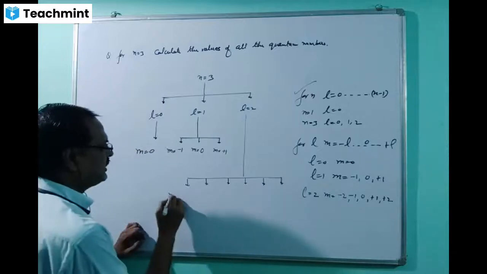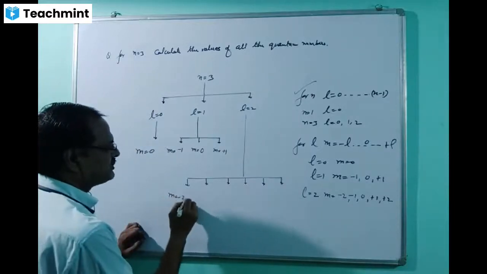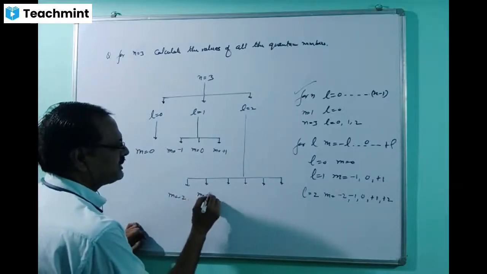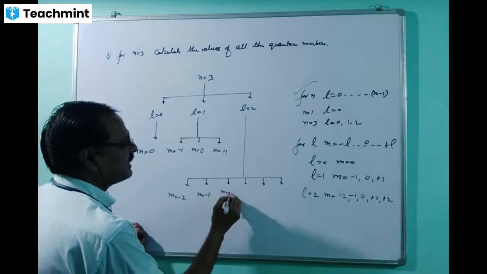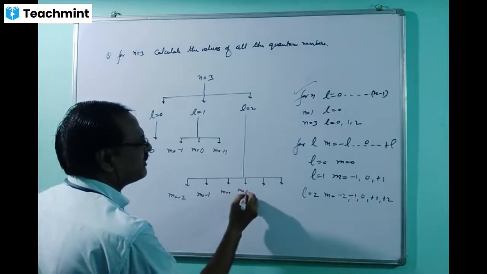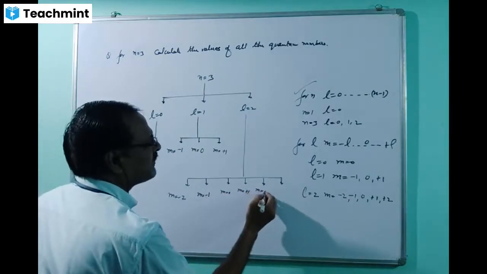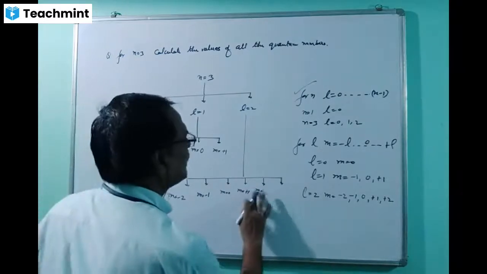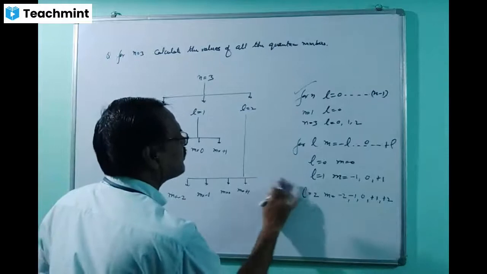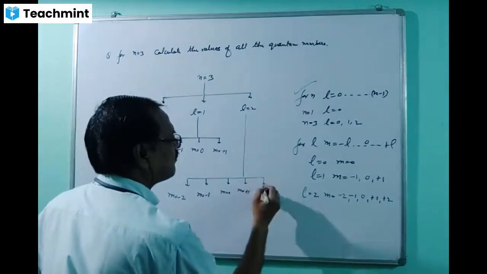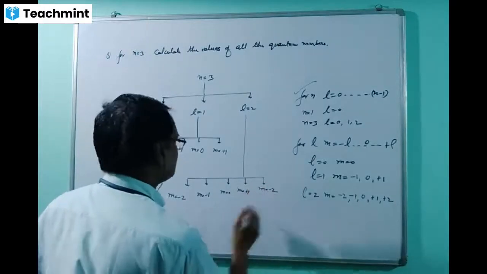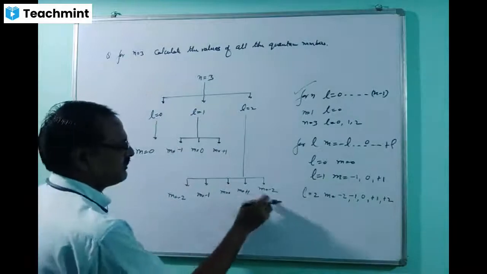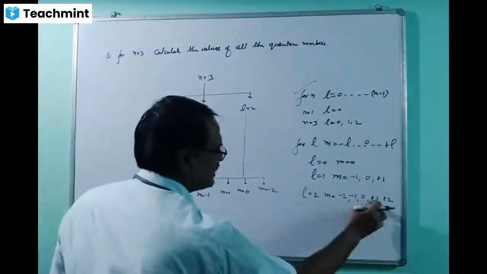So m is equal to minus 2, minus 1, 0, plus 1, plus 2. 5 only. 1, 2, 3, 4, 5.